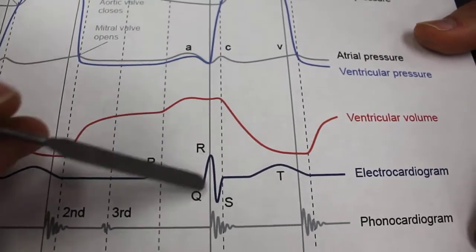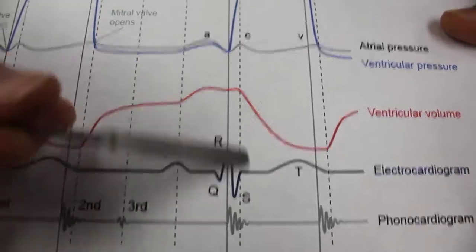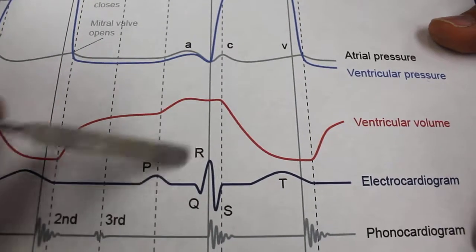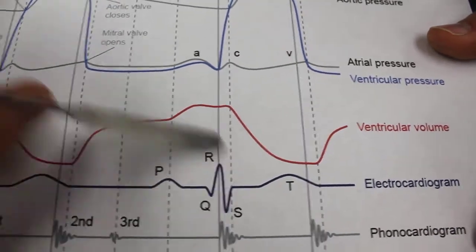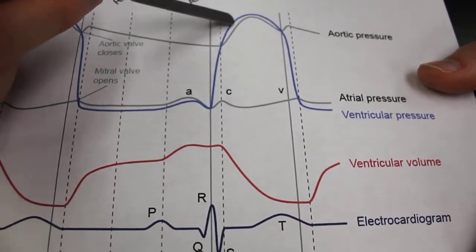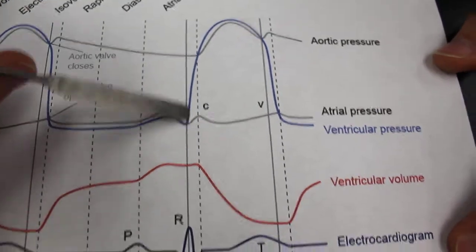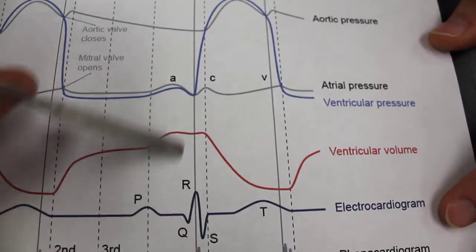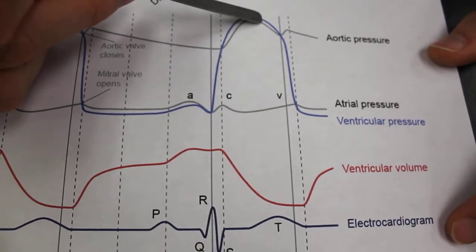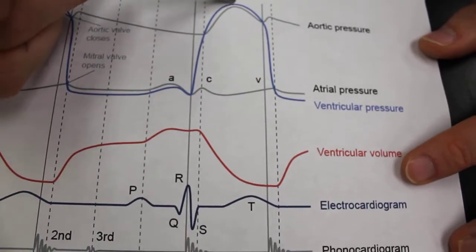into the ventricle. Then we have our QRS. Our QRS is ventricular depolarization. QRS goes very quickly, and that begins the contraction of our ventricle. So QRS fires, and then the contraction of the ventricle begins immediately after that, and it continues for a while.